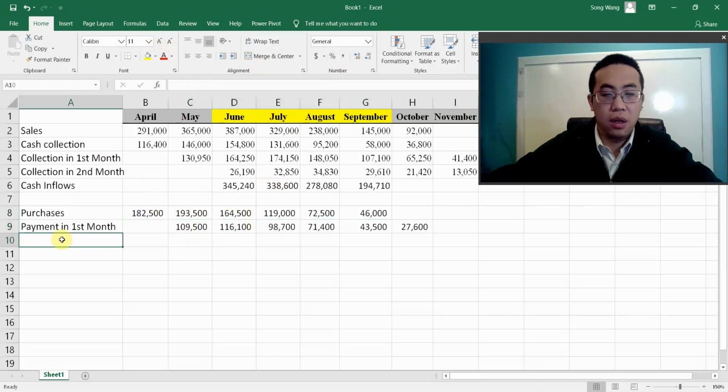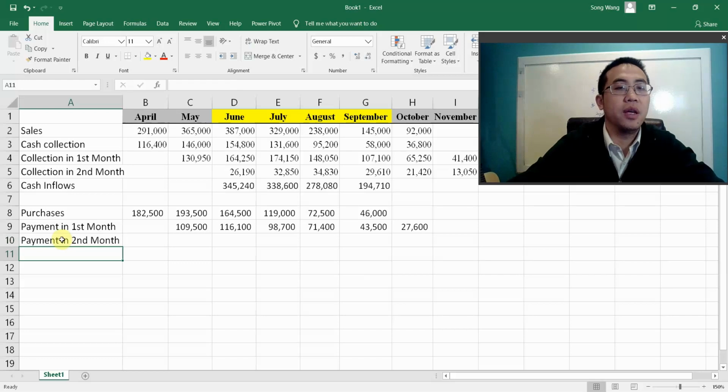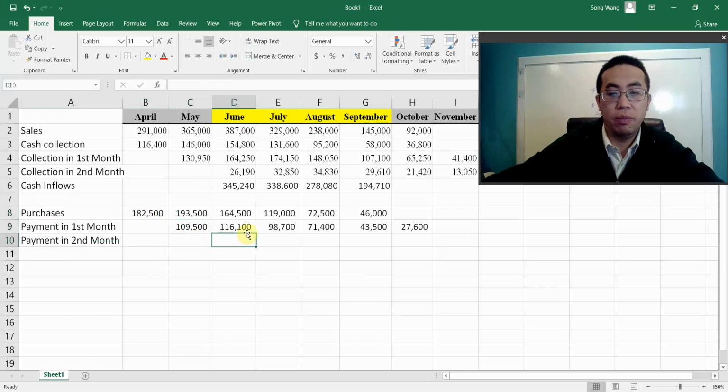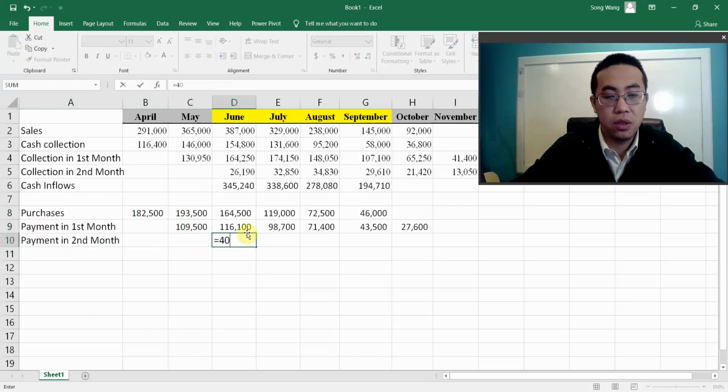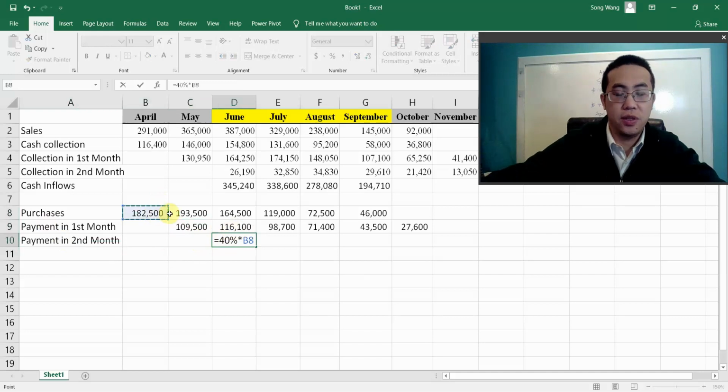And then I also have a payment in the second month, that's the month following that. So for the April purchase, part of it will be paid in May and a part of it will be paid in June. So 40% of it will be paid in June. This payment in June is based on April purchases.